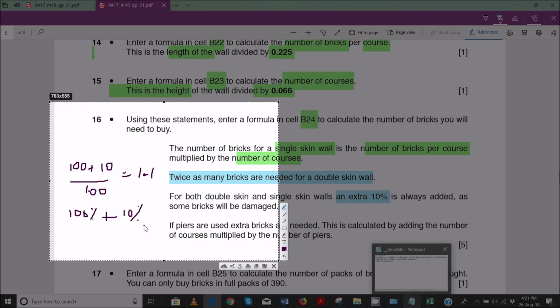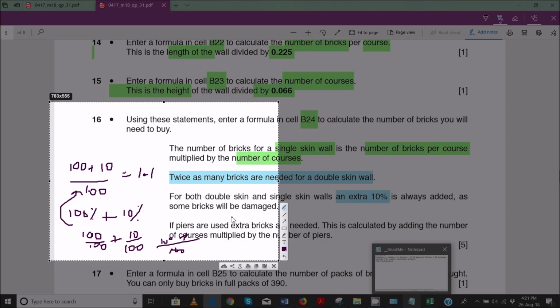Because initially the whole thing is 100%, and out of that 100%, we want 10% of it and add it on top of the 100%, so that it evaluates back. 100% is equal to 100 divided by 100 plus 10%, which is 10 over 100. You come out with a common denominator of 100, and on top the values add to 100 plus 10.